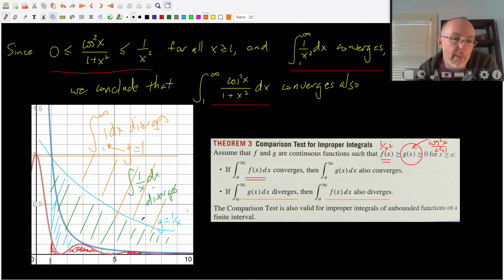When I add all of that area up, it has to be infinite as I go off to the right. But the idea here is that this function, which in this case I'm calling f, is bigger than this function, which I'm calling g. G is the smaller one, f is bigger than it, and there's an infinite area under the curve g, therefore there must be an infinite area under the curve f, because there's more area.